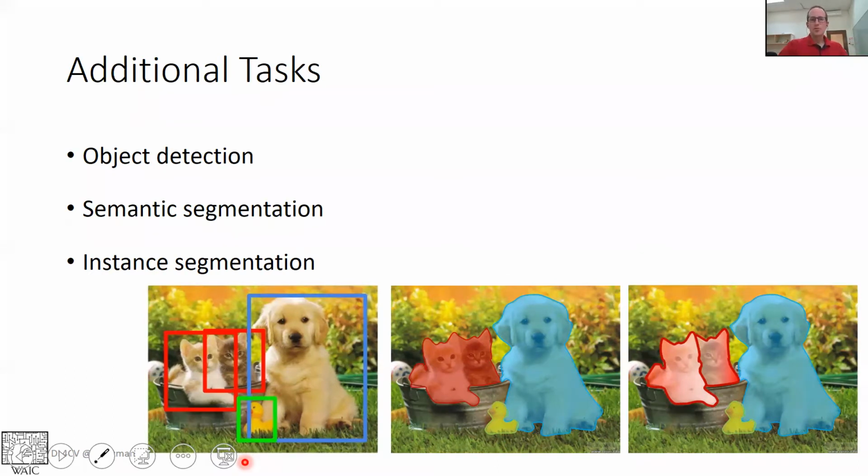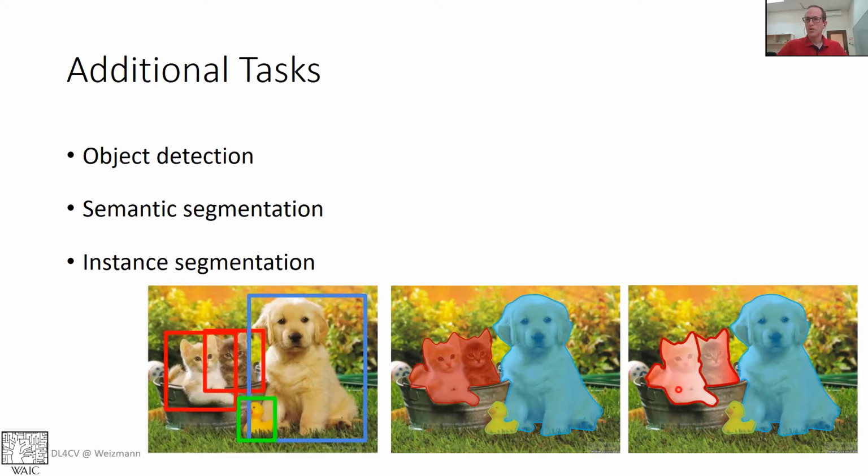You can think about even more accurate delineation of the objects, like semantic segmentation. We want all the pixels of the cats to be labeled differently than the pixels of the dogs and the other objects. And we can ask even further: if we have several instances of the same category in the image, we want to segment them separately.